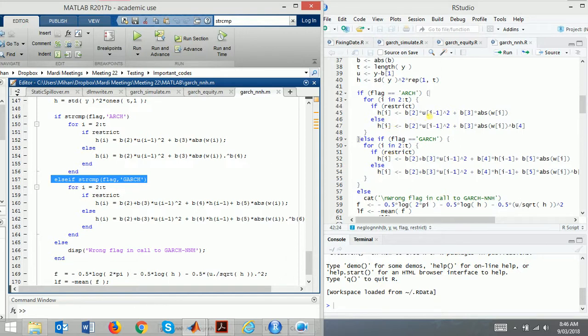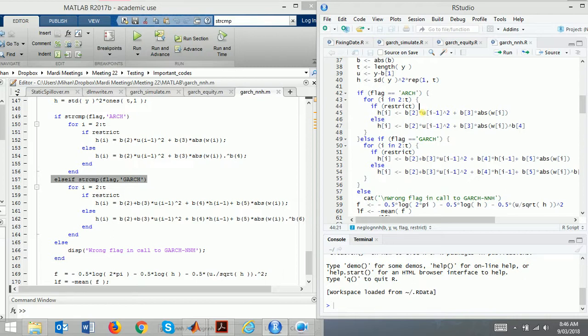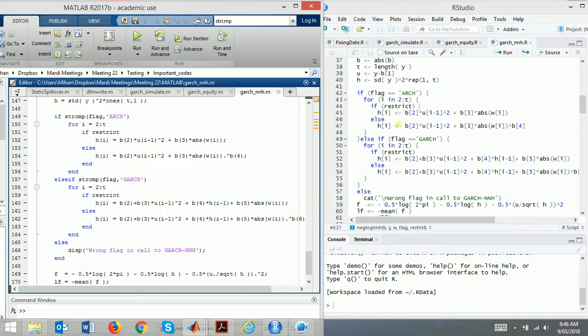if our flag, there is an error here, there should be a second bracket beginning here, flag is GARCH, then i equals 2 to t, so you see i in 2 to t. For GARCH we just have the second component added here, b2, then b3 y minus 1 square, b4 h minus 1.